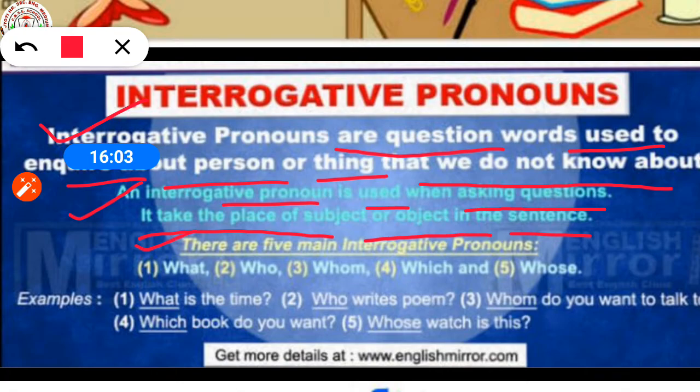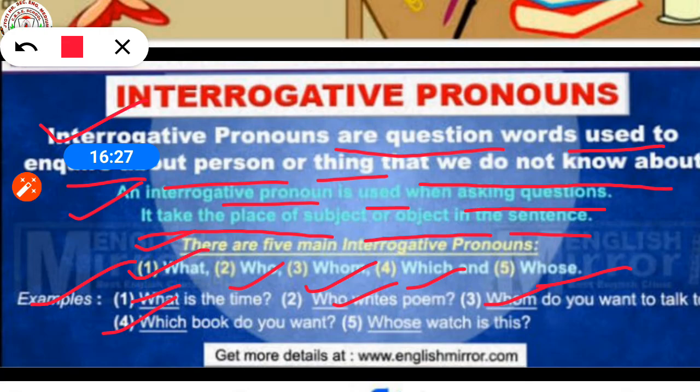So, there are 5 main interrogative pronouns. What are they? What, who, whom, which, and whose. You can see the example. What is the time? Who writes poem? Whom do you want to talk with?